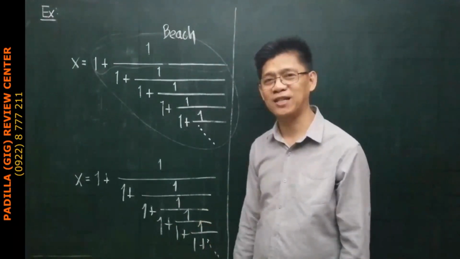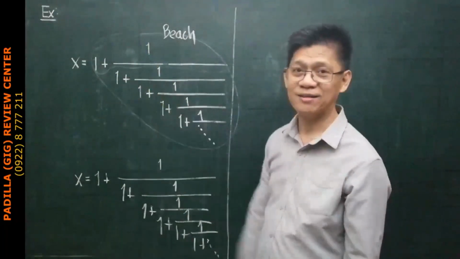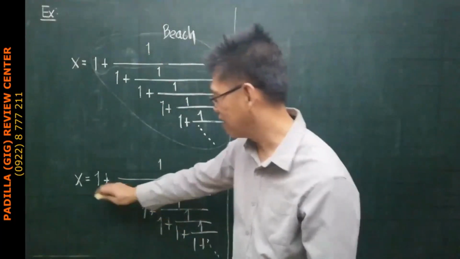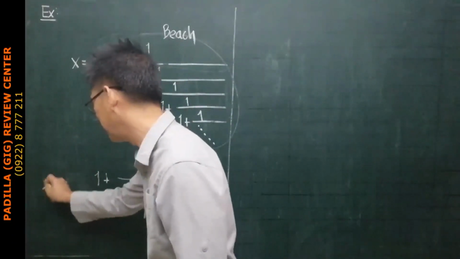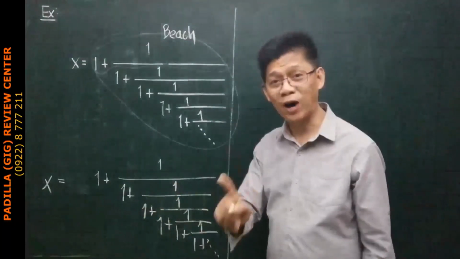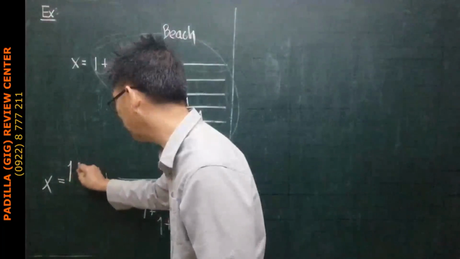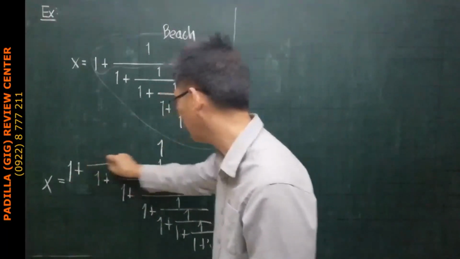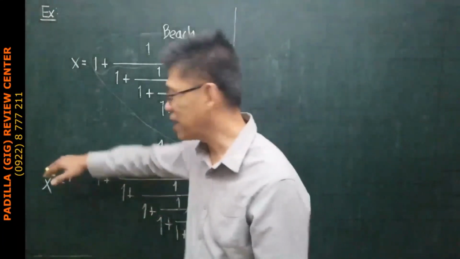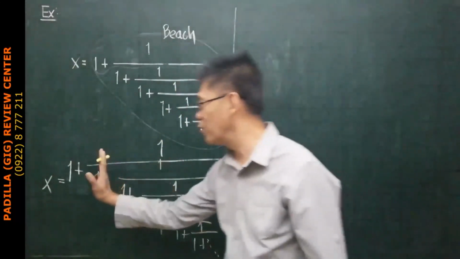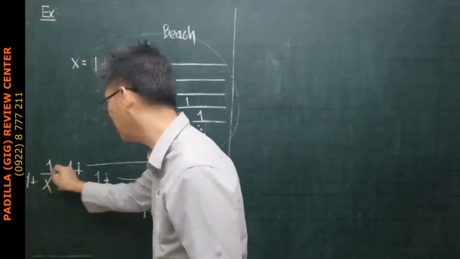And what is our grain of sand? 1 plus 1 over. So let me add here, let me move this a little bit farther. Let me add here 1 plus 1 over. Right? So, whatever I do on the right, let me also do on the left.